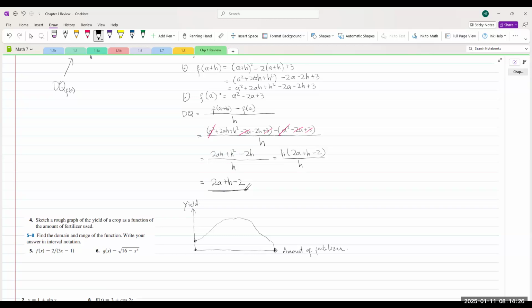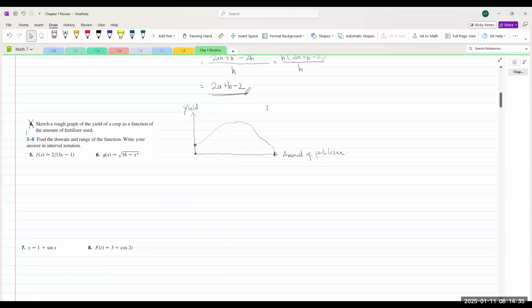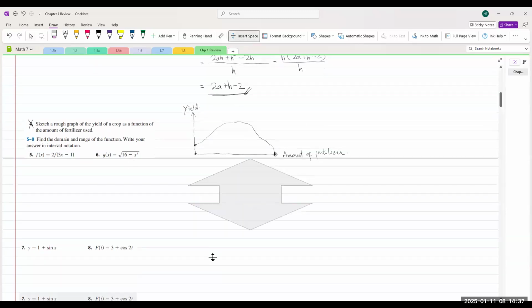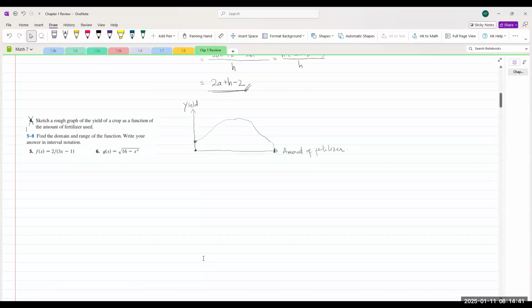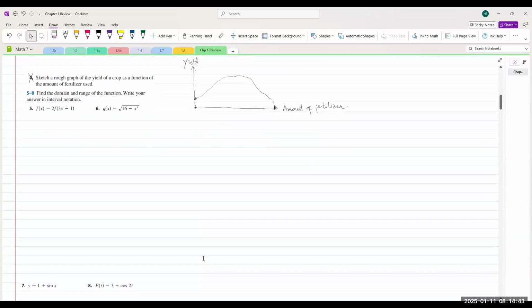Now, this is not the type of question I usually ask in my tests. I don't have interest in that kind of question, especially since it's way too vague. Numbers 5 to 8 are the type of question I would like to ask.